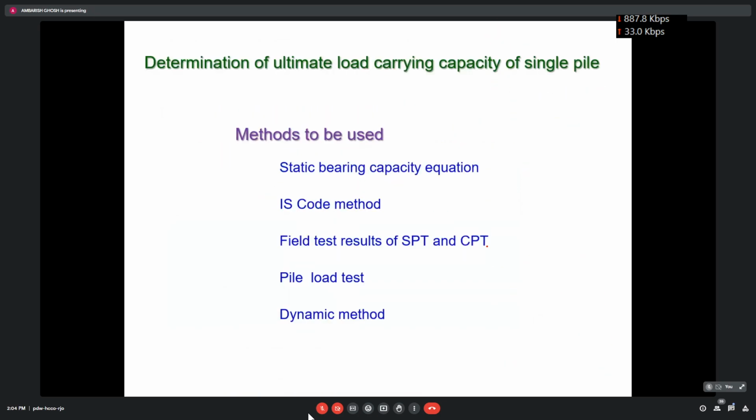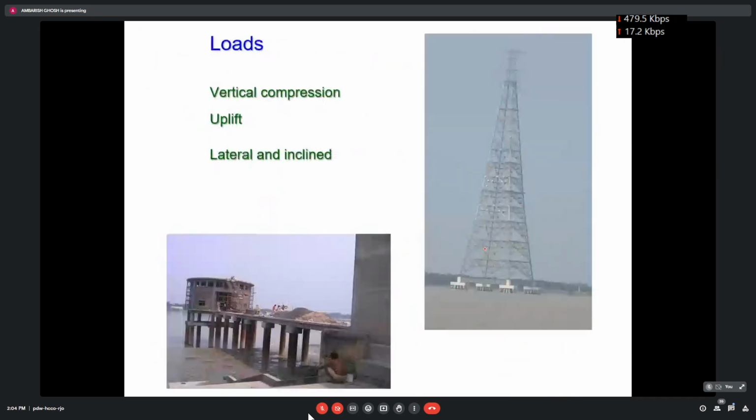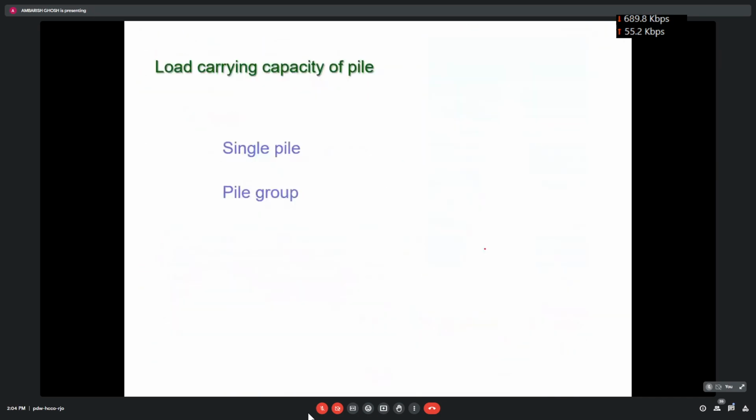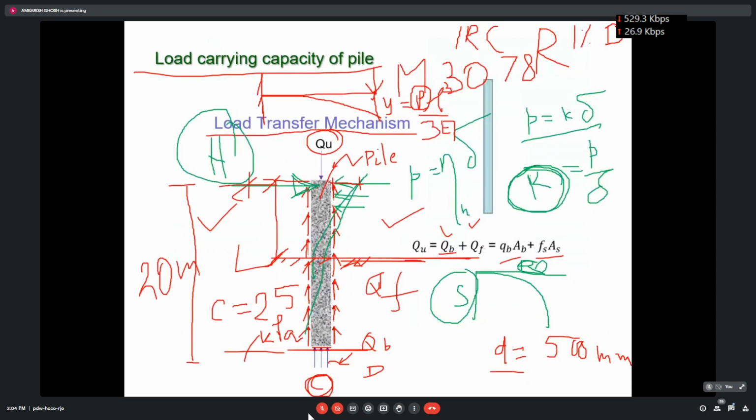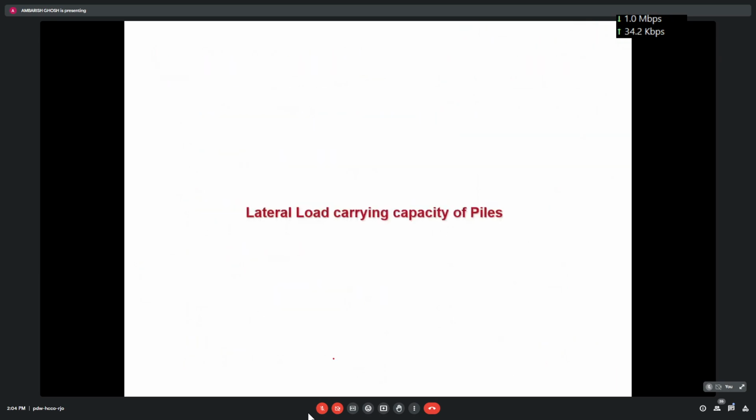Okay, let me go to that. You see here, when you calculated the load carrying capacity of a single pile, you drew the skin friction, isn't it? These are the skin friction, and here it was the point bearing. Now negative skin friction. So what does it mean?